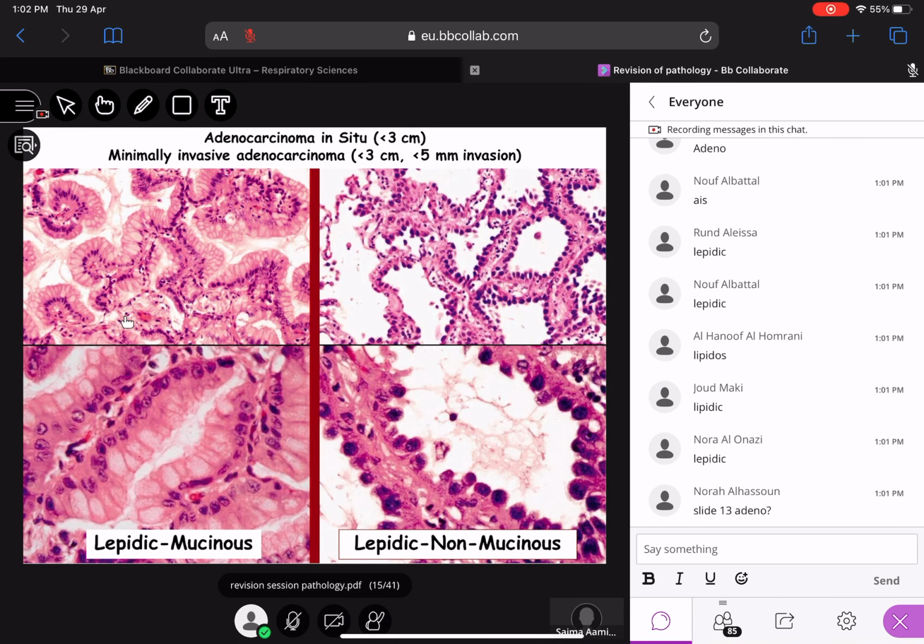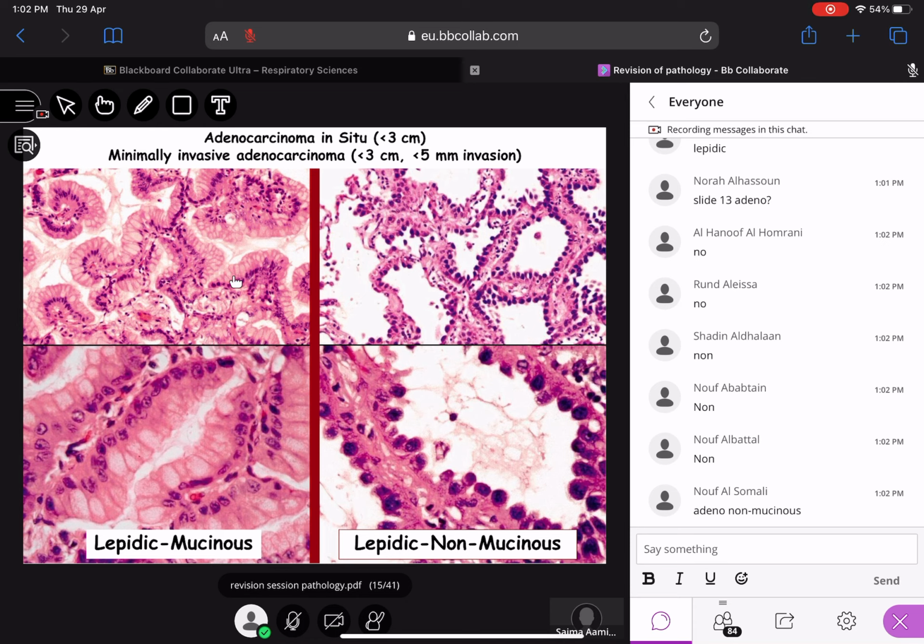So what is the diagnosis here? First, let's take this one. Is it mucinous or non-mucinous? Non-mucinous. Okay, it's no mucin. So again, you can write lepidic spread adenocarcinoma or adenocarcinoma in situ, non-mucinous.